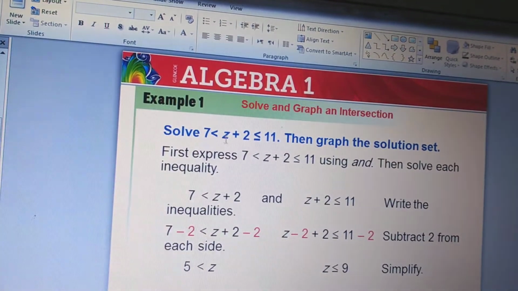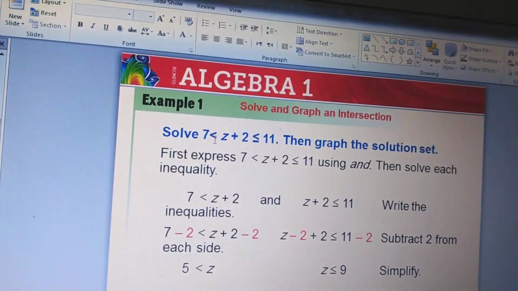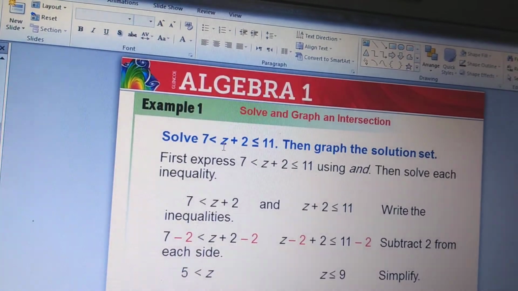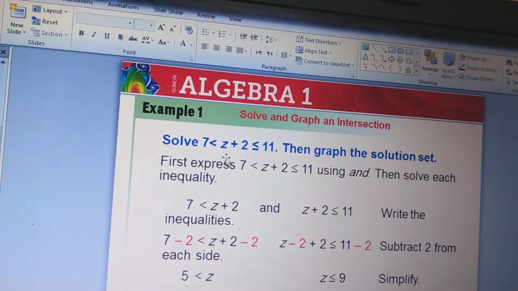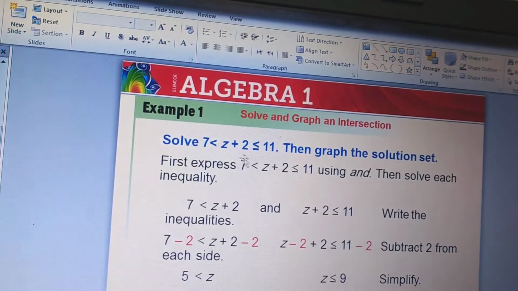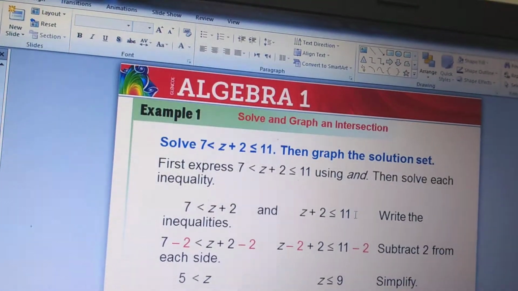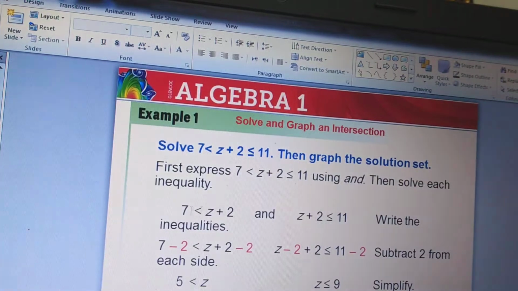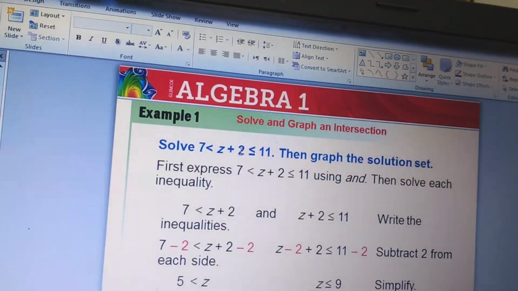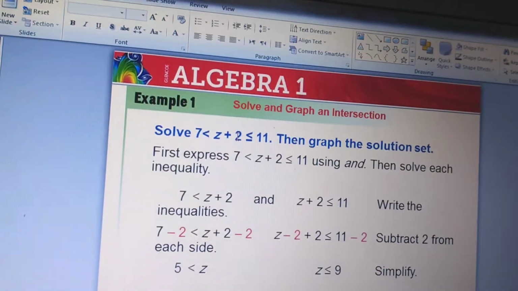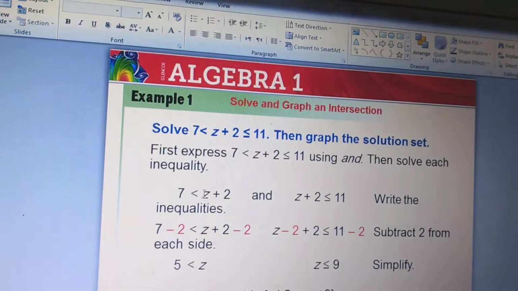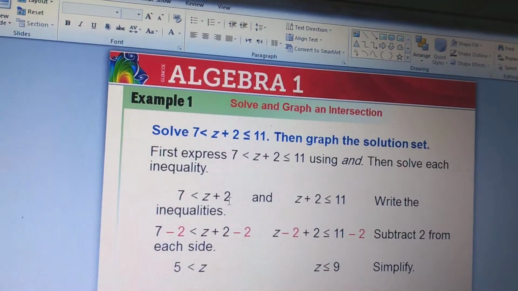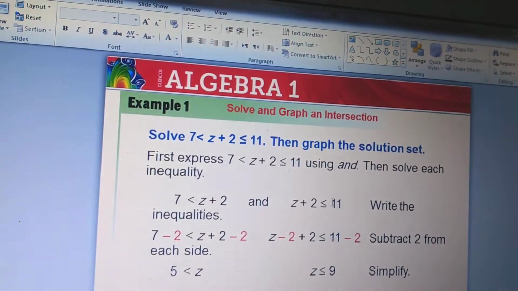I can change this to 7 less than z plus 2 and z plus 2 less or equal 11. You see? You can write this one like this exactly. This compound inequality, I make it two inequalities. z plus 2 more than 7, z plus 2 less or equal 11.